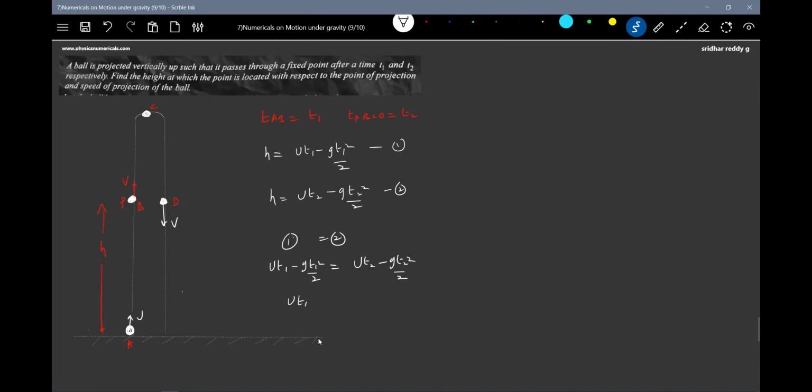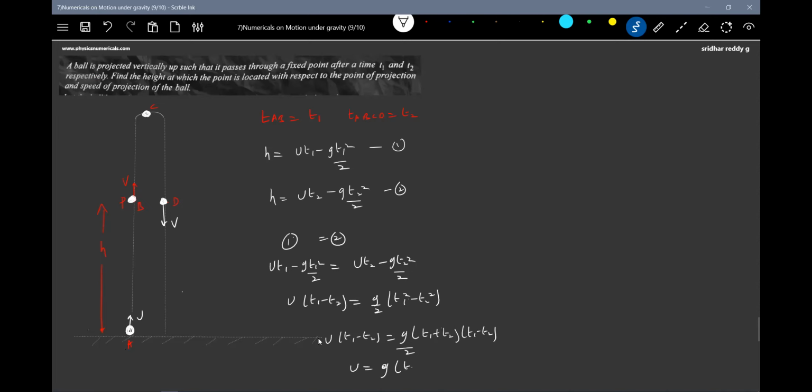So this will become U times (T1 minus T2) equals half G (T1 square minus T2 square), which gives T1 plus T2 times T1 minus T2.